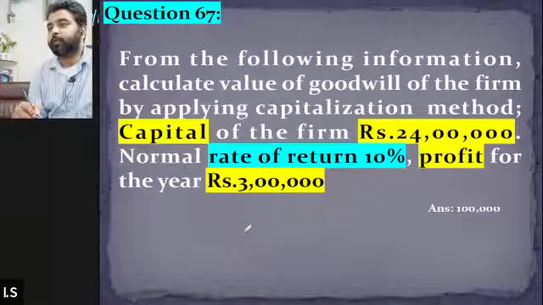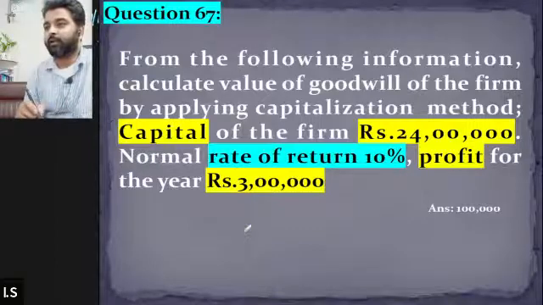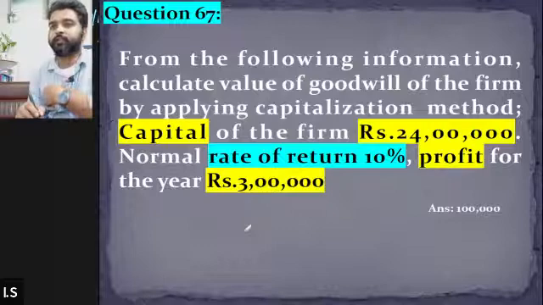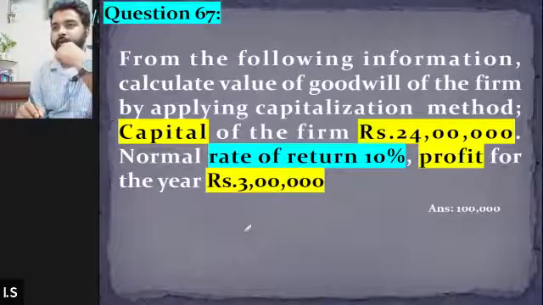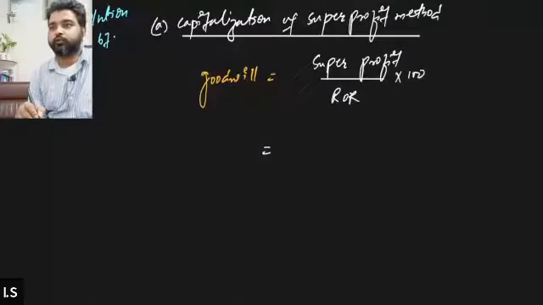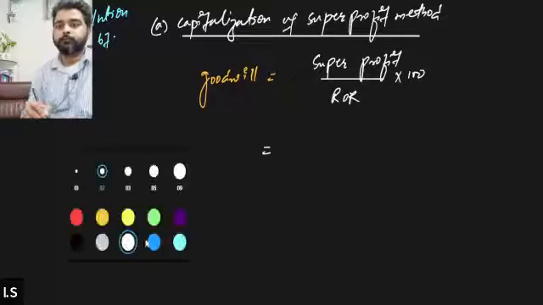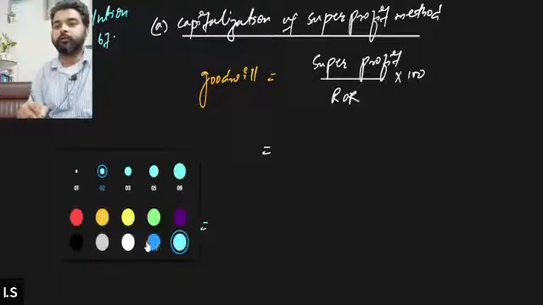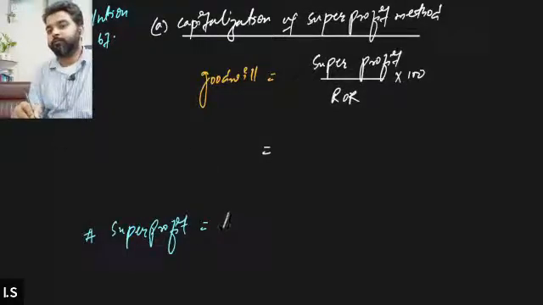For that purpose, we have to consider the normal rate of return available on the capital employed. The amount of capital of the firm is 24 lakh and the normal rate of return on the capital employed is 10%. Let's find out the value of the super profit. How do we find it? Average profit minus normal profit: the average profit of the firm minus the normal profit of the industry.